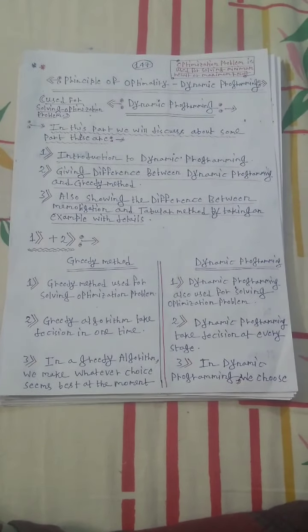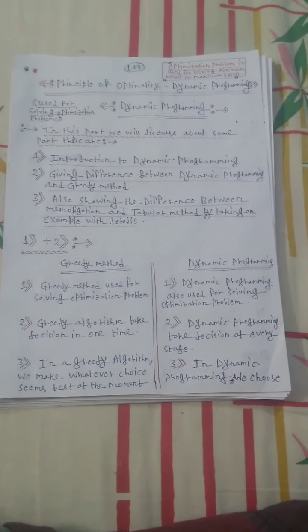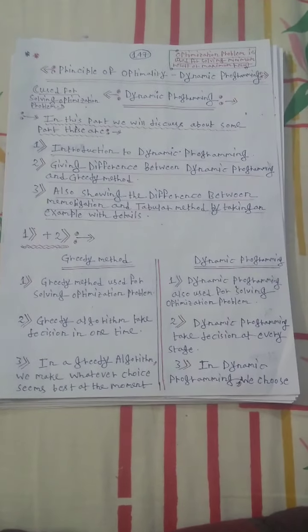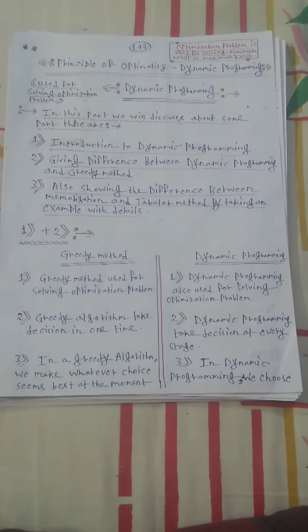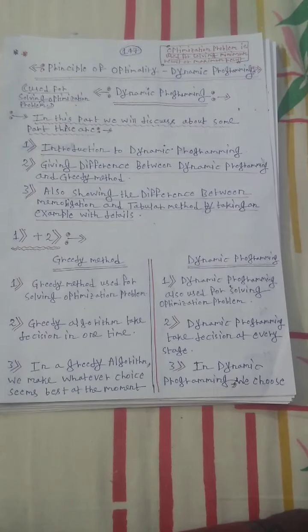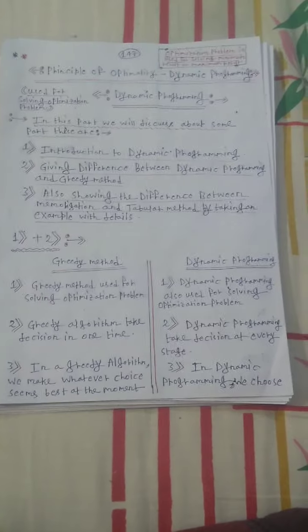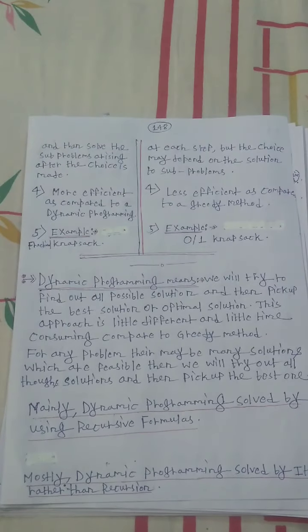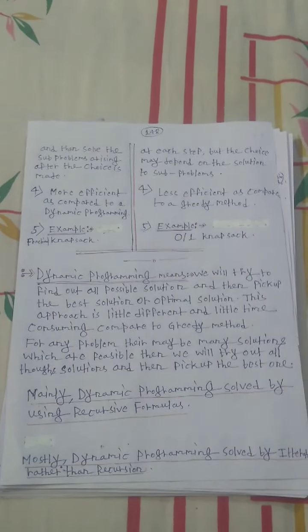The greedy method is used for solving optimization problems, just like dynamic programming. A greedy algorithm takes a decision one time. Dynamic programming takes a decision at every stage. In a greedy algorithm, we make whatever choice seems best at the moment, and then solve the subproblems arising after the choice is made.